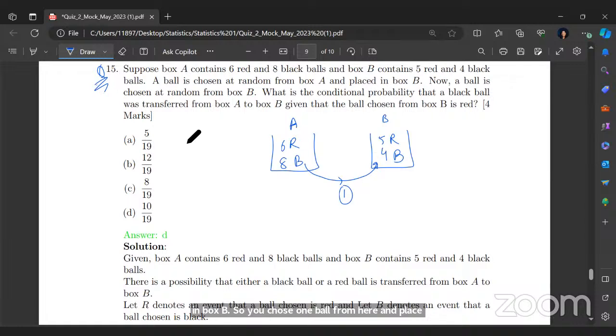Now a ball is chosen at random from box B. Now you're choosing one ball from here. What is the conditional probability that a black ball was transferred from box A to box B, given that the ball chosen from box B is red? Okay. So again, you define the event.